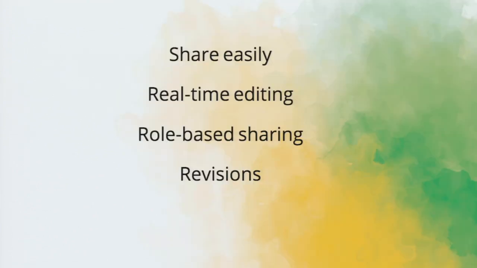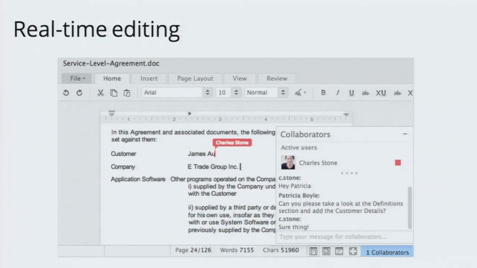For instance, if you are working on a Word document like this one, you don't have to download that, make changes, and upload it again. You can open that Word document online in Zoho Writer, and as you make changes, anyone who has access to that document can also log in and see the changes made in real time.